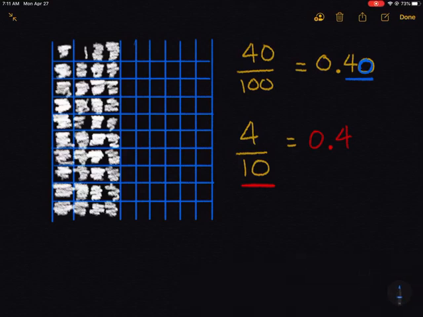Okay, that's the only thing about this. Okay, so if I took the yellow away, so it's no longer out of tenths, it's now at hundredths, you can see that there are 40 squares shaded.